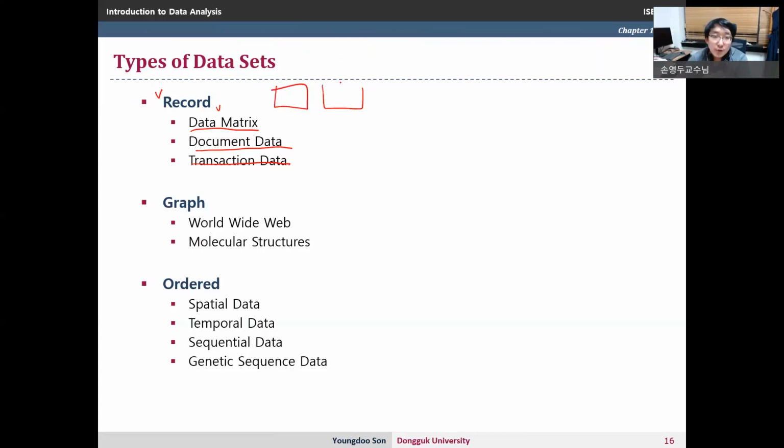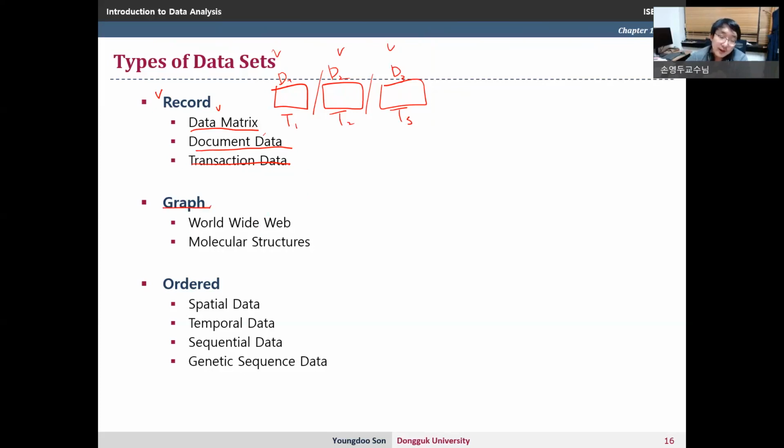Records can be separated, one record at a time. So for the document data, here's the first document, second document, third document, and for transactions, we can make the first transaction, second transaction, third transaction. They are the record data, and usually they can be considered independently.